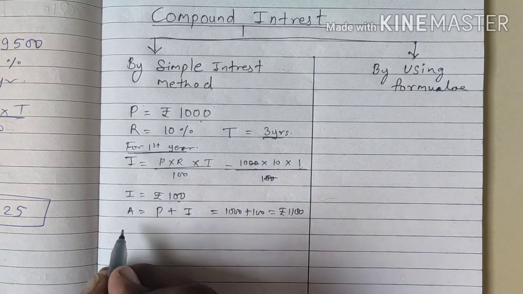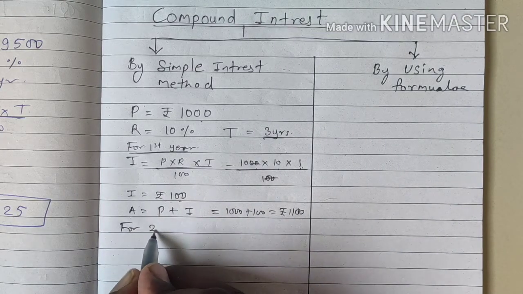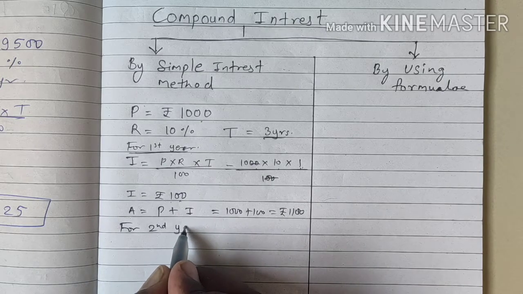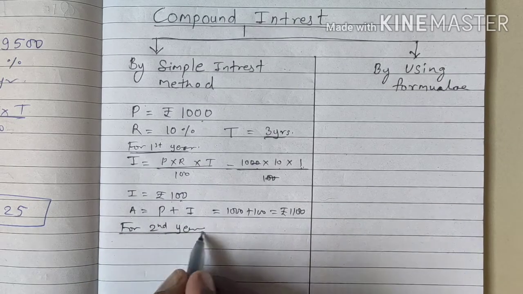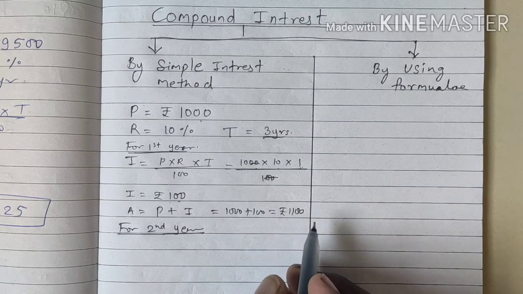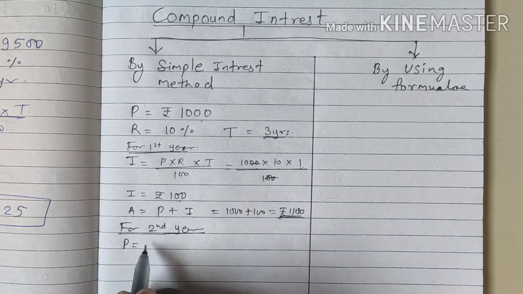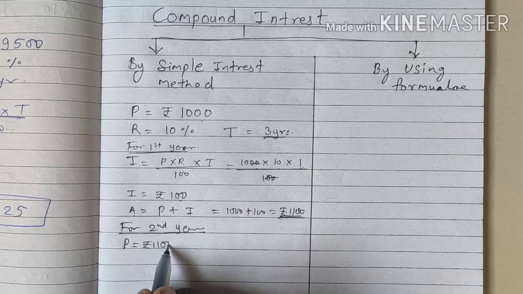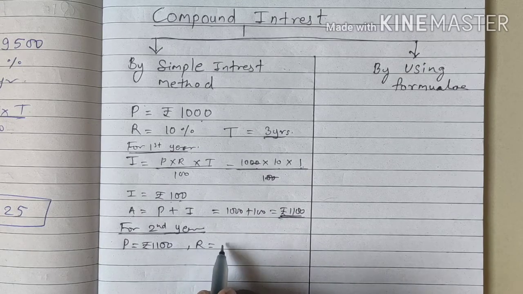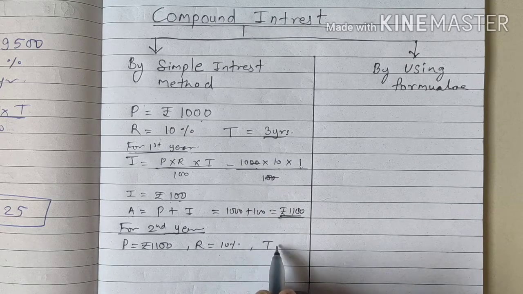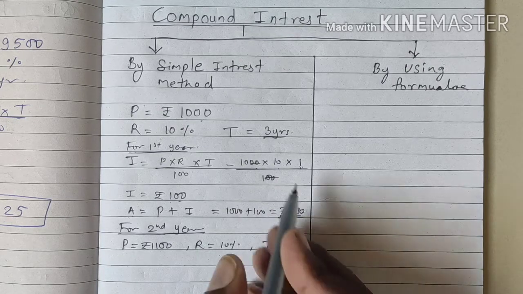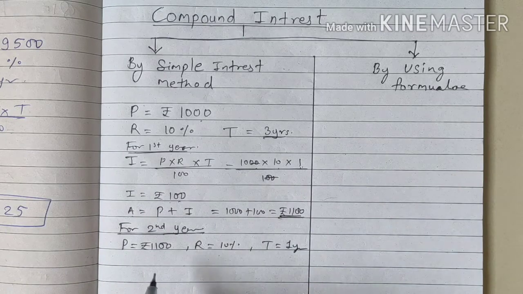Now for the second year, the amount of the first year will become the principal for the next year. The rate of interest is the same, 10%, and the time is 1 year. Always the time is 1 year for this method.